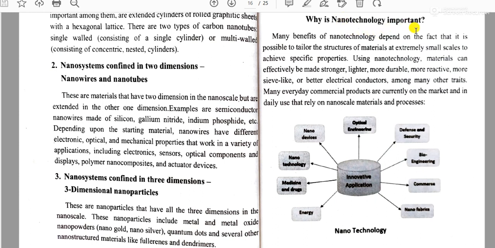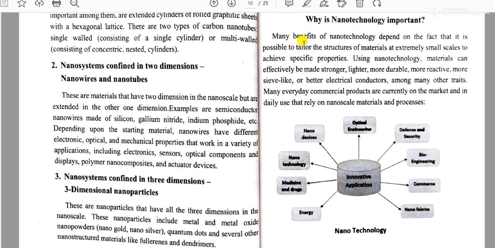Now, why is nanotechnology important? Many benefits of nanotechnology depend on the fact that it is possible to tailor the structures of materials at extremely small scales to achieve specific properties. Tailor means to alter.